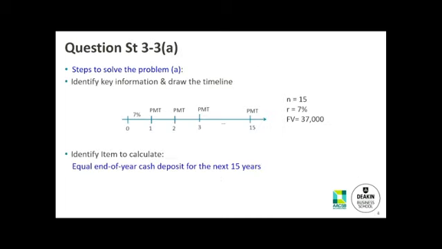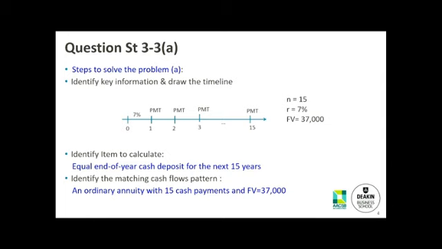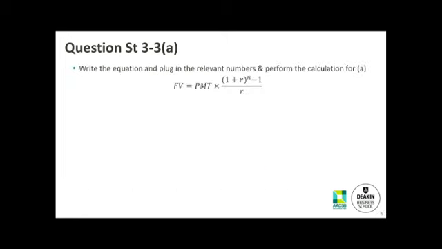If this is the case, what should we do? Step 1, draw the timeline. Step 2, identify that this is the future value, 37,000. Step 3, 15 years, interest rate 7%. And most importantly, end-of-year cash deposits over the next 15 years. This is an ordinary annuity with 15 cash payments and a future value of 37,000. Find the equation. That is the equation of the future value of an ordinary annuity, in your slide 30.